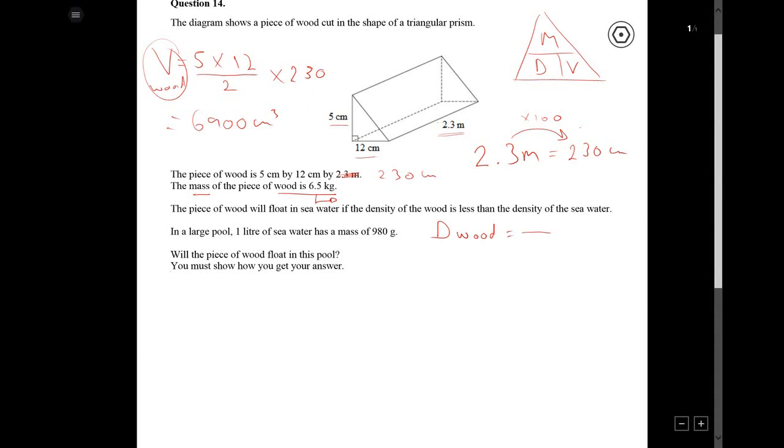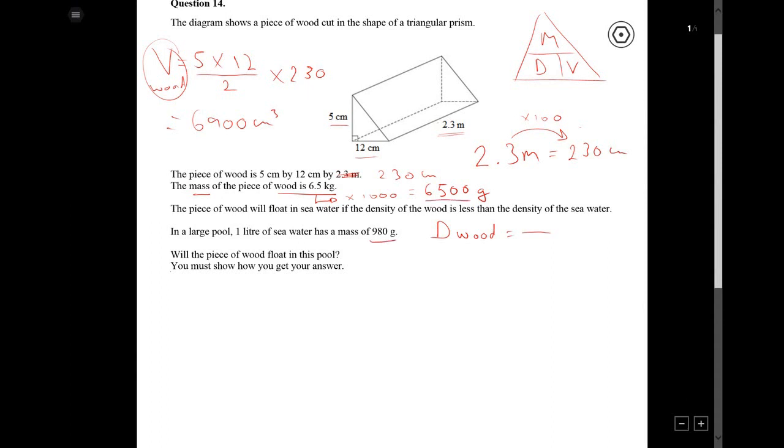It depends whether you want to work in grams or kilograms, centimeters or meters. You have to make a decision. I'm going to go for grams in this one, so I'm going to times that by 1,000, because there's 1,000 grams in a kilogram, and I get 6,500 grams. Great. So now both masses are in the same unit, I can proceed.